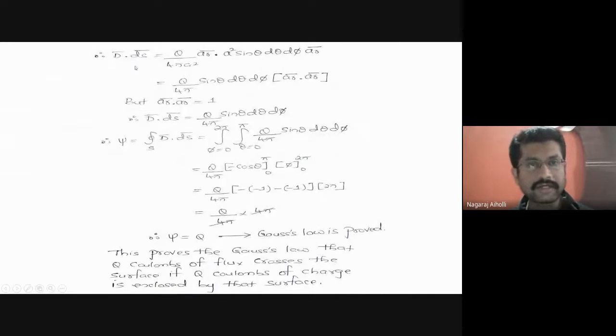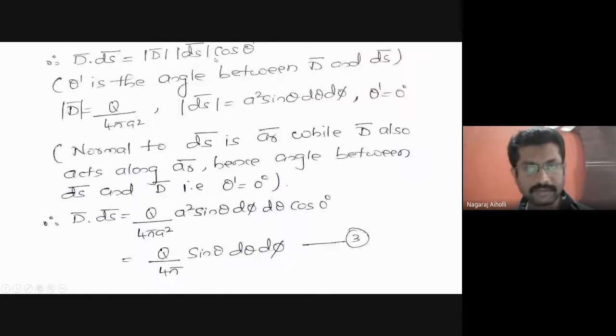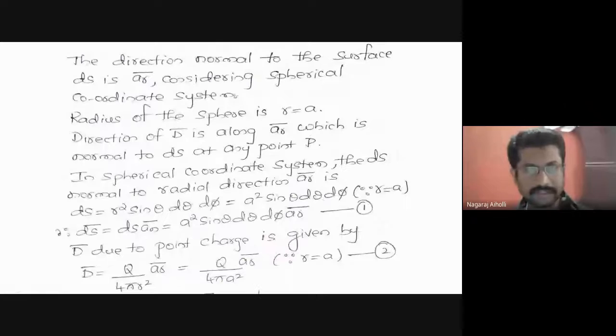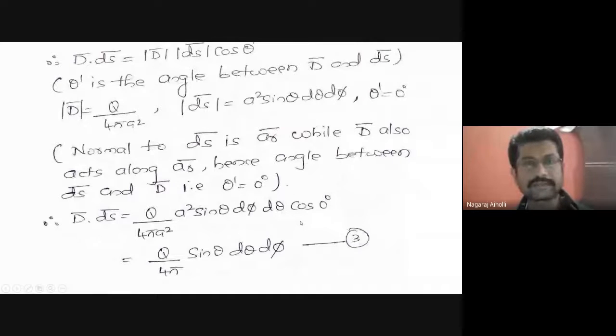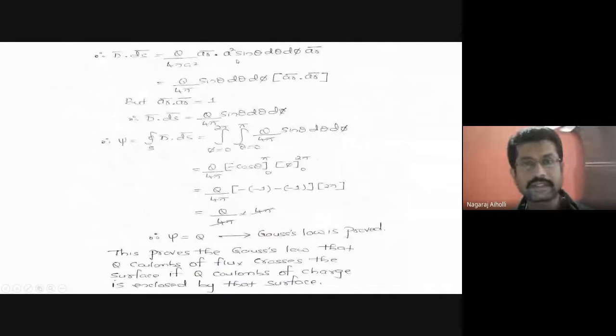Vector D bar dot vector ds bar is equal to q by 4 pi a square, that is the magnitude of D bar for the point charge, into its unit vector a_r bar, dot ds bar in terms of unit vector, a square sine theta d theta d phi a_r bar.